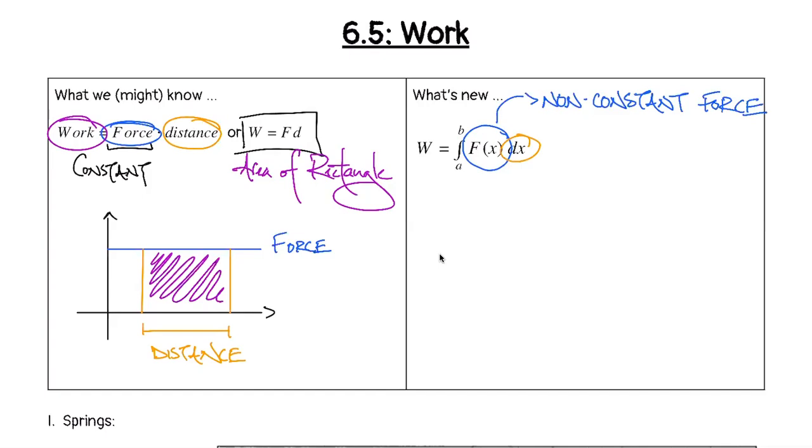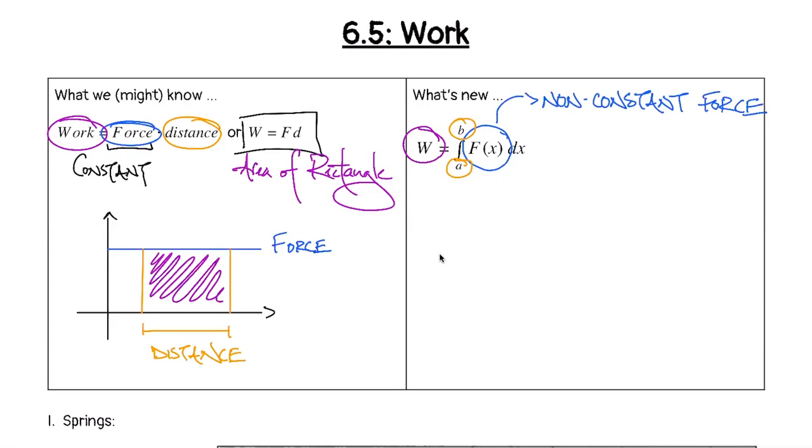And the dx tells us we're going to take an infinite number of slices so that we end up with the most accurate area. So we're not approximating the area, we're getting an exact area for a sort of wavy looking curve. All right, so this A to B tells us where we start and where we stop. And then our resulting answer will give us the work it takes when we apply that non-constant force over a given distance.